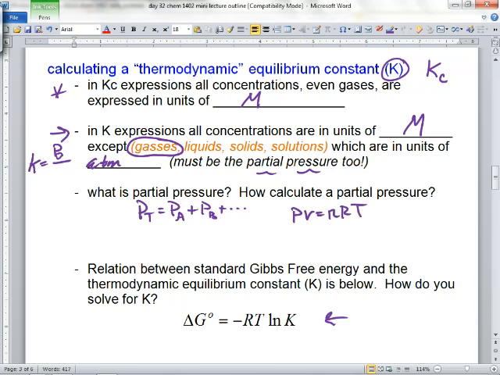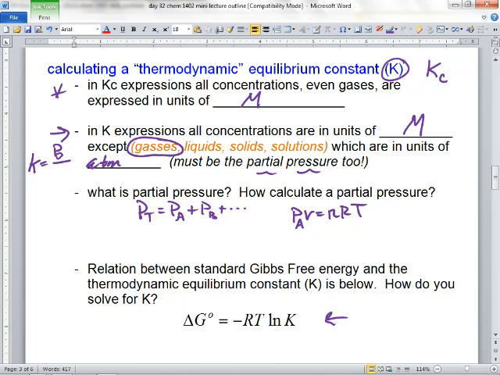What was that equation called? The ideal gas law. Now the trick to figuring out partial pressures was, if we want to calculate it using the ideal gas law, you just put an A there, whatever gas it is, nitrogen, oxygen, whatever. Now you put that subscript of that gas somewhere else.